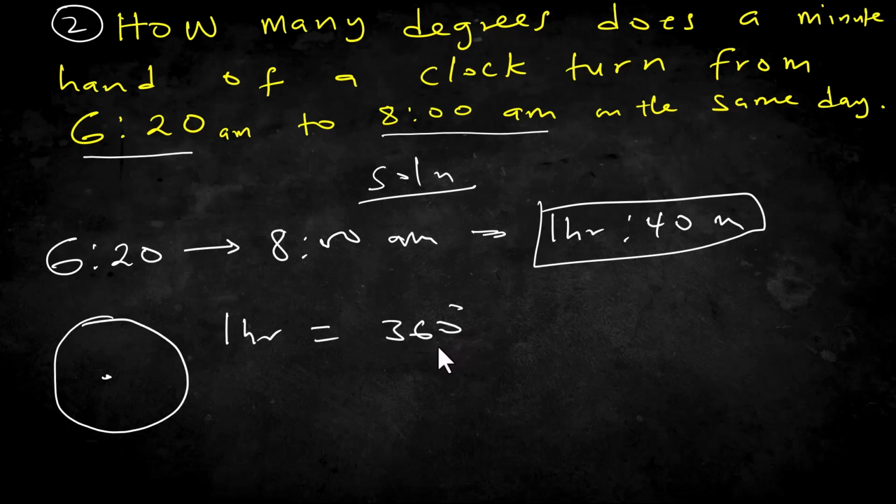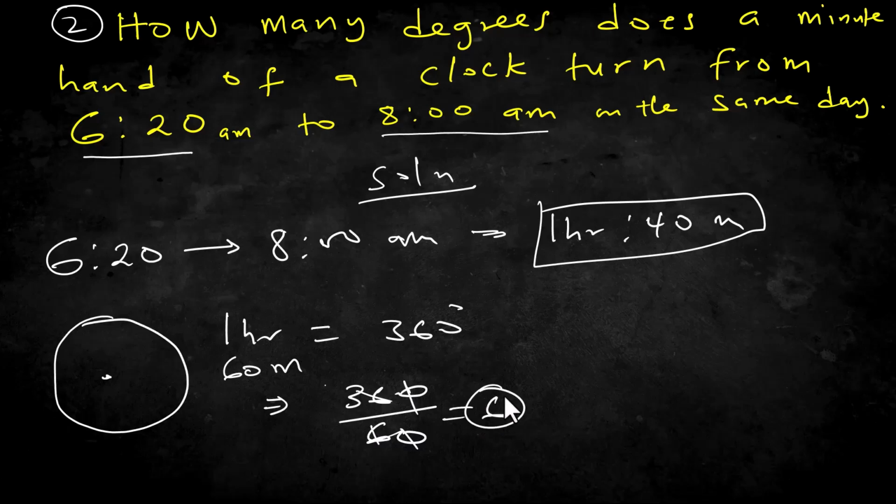So we want to convert everything to minutes so that we can do the same here, then multiply. So let's calculate an angle for each minute. So 1 hour is the same as 60 minutes. So 360 over 60, this one will cancel, so we have 6.